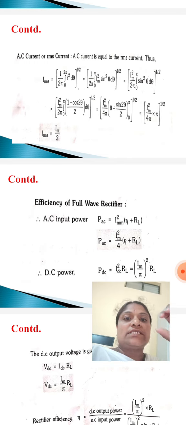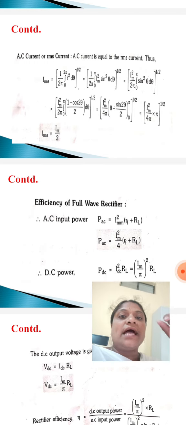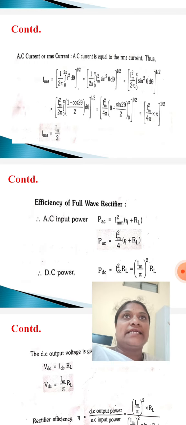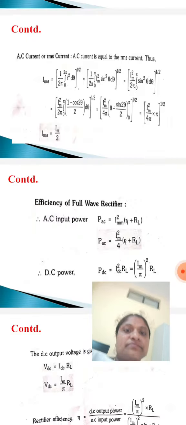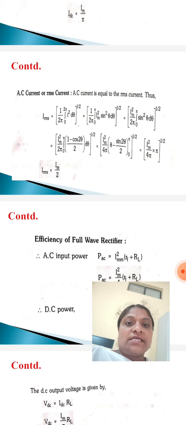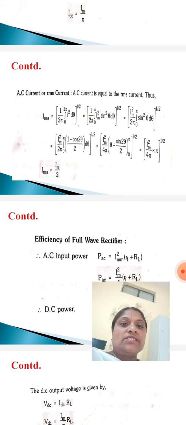That is 1/2pi integration 0 to pi, substituting i = Im sin theta. So (Im sin theta) whole square, that means Im square sin square theta d theta, whole power 1/2, that means square root.